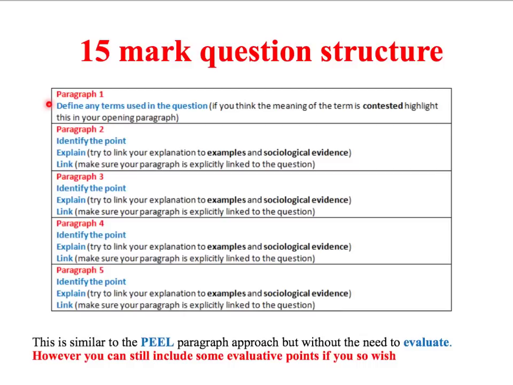And then in the rest of your answer, you need to try and make 4 to 5 relevant points that are connected to the key concept or theory that is mentioned in the question.